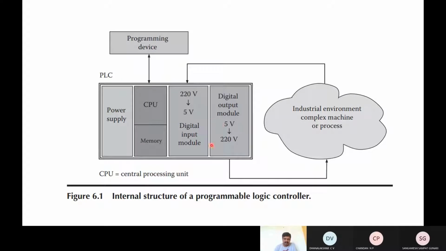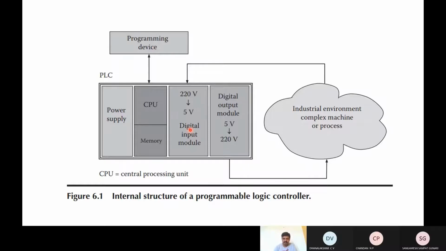These are the components of the PLC, or the internal structure of a PLC. It requires power, that's why the power supply is also one of the components. Then the processor, that is the CPU. The programming device can be an external device. Whenever required, you connect it to the PLC and feed the program, and these programs are stored in the memory. Next, you will get inputs from different devices.